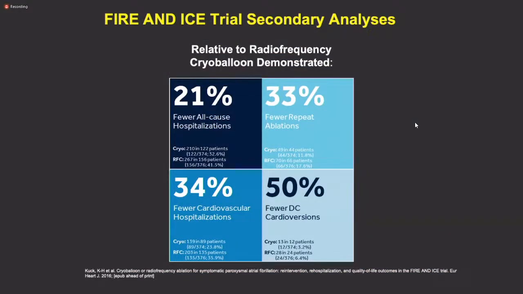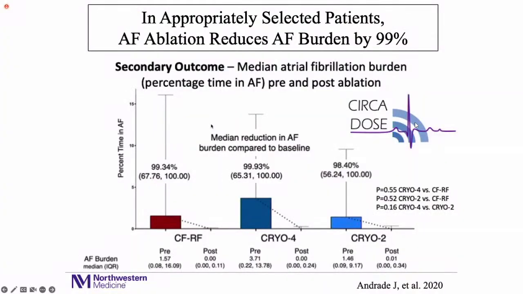So if you compare RF to cryo, in this Fire and Ice trial, there were 33% fewer repeat ablations in the cryo arm, 50% fewer cardioversions, 34% fewer cardiovascular hospitalizations, and 21% fewer all-cause hospitalizations in the cryo group compared to the RF group. And getting back to AF burden, so Dr.